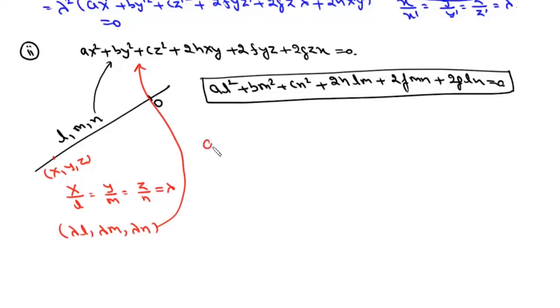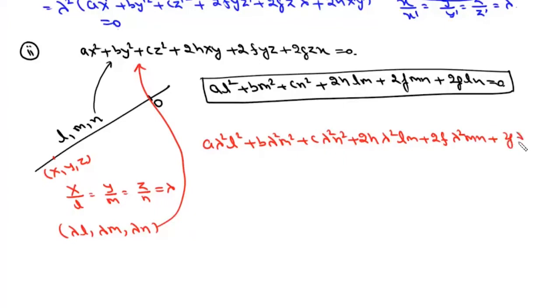So we'll write a lambda² l² + b lambda² m² + c lambda² n² + 2h lambda² lm + 2f lambda² mn + 2g lambda² ln = 0.